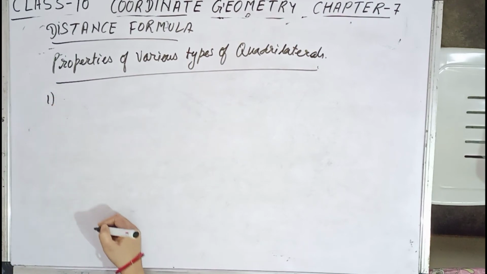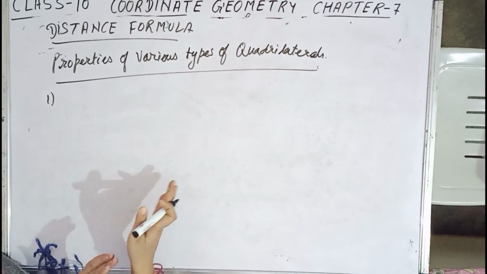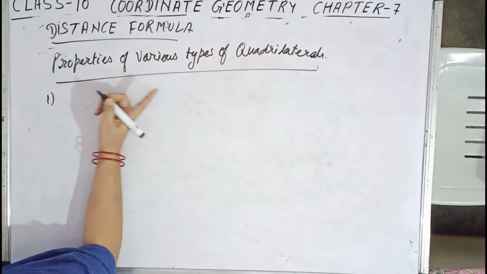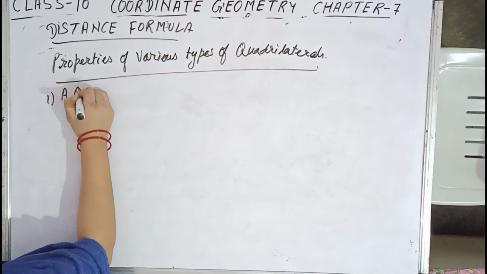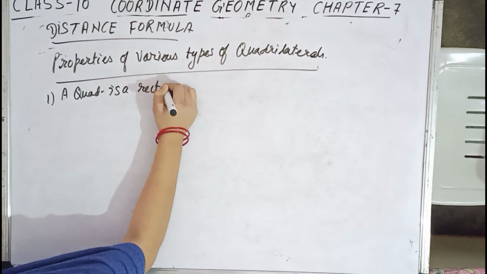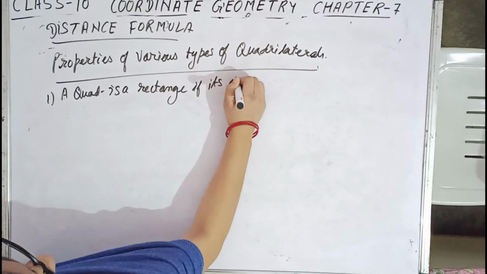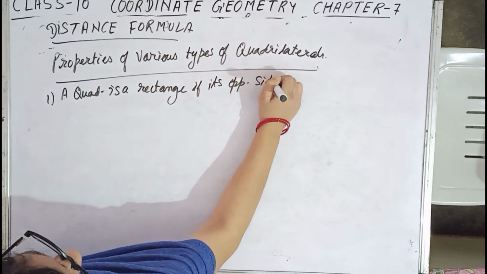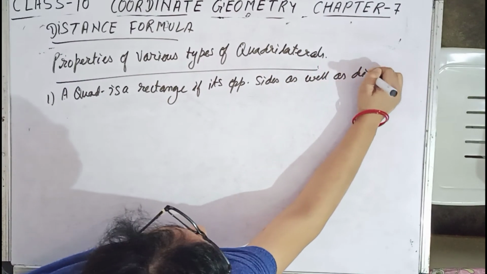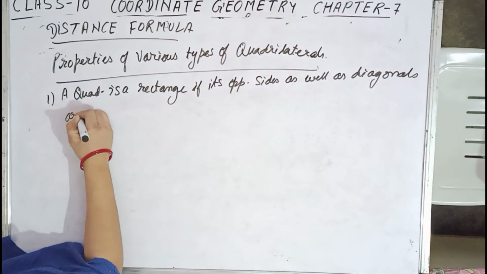Number 1, a quadrilateral is a rectangle if its opposite sides as well as diagonals are equal.